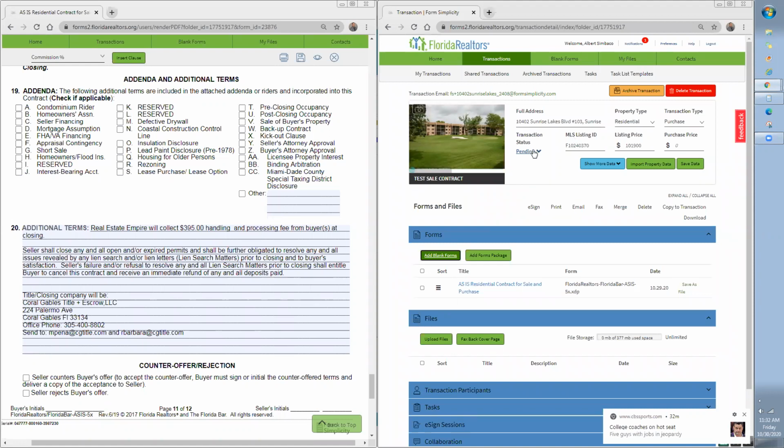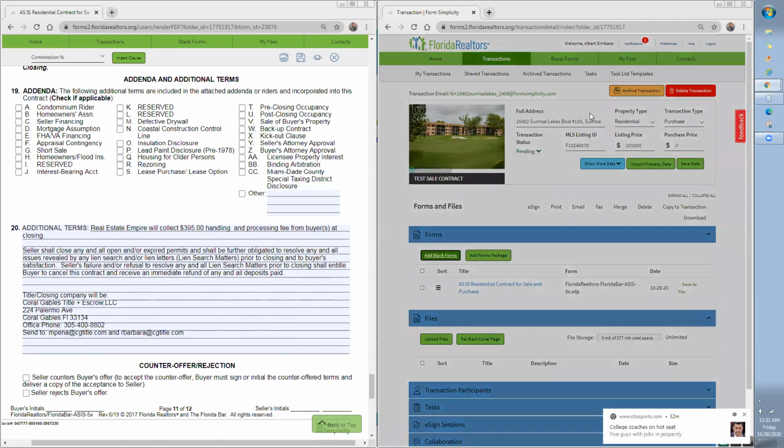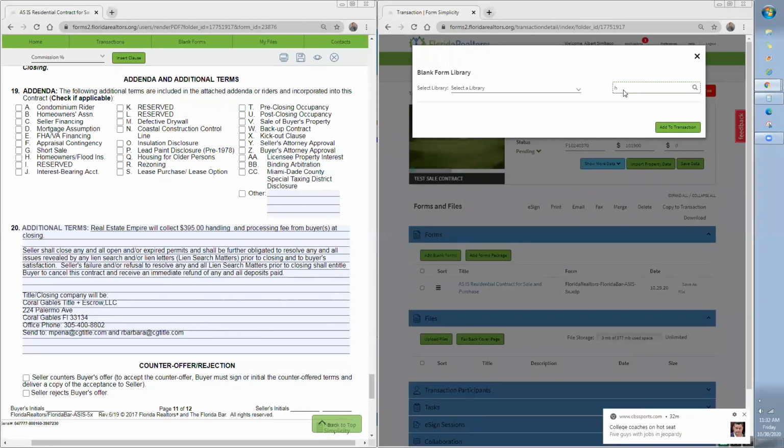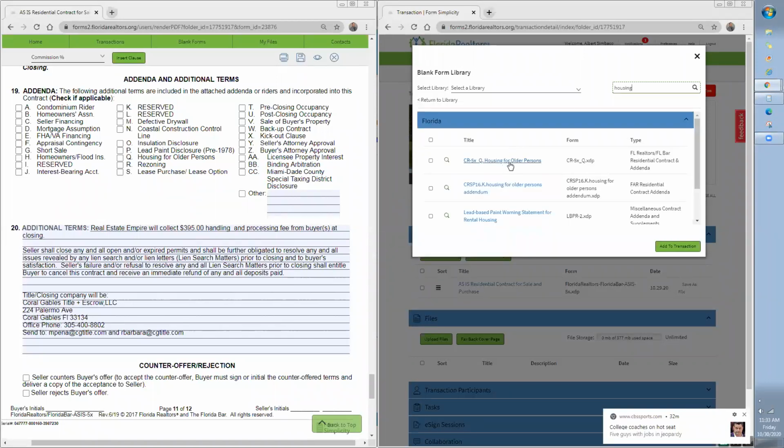Housing for older persons. There are some properties you're going to purchase that are in an association or a community that is for older persons, 55 and over, or some of them are 62 and over, right? So just put housing for older persons.